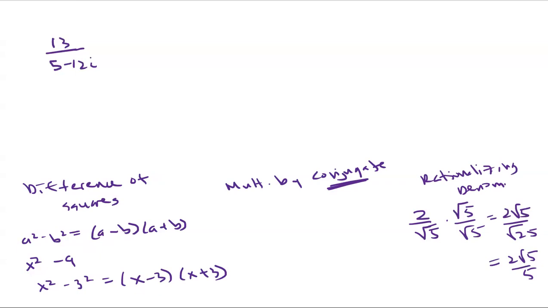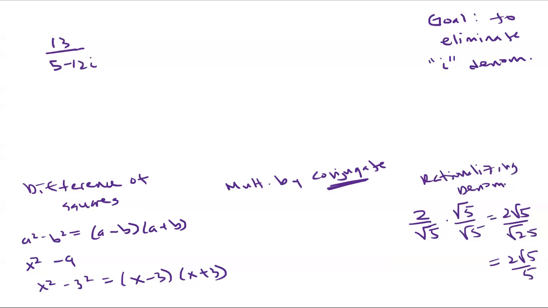The goal is to eliminate the i in the denominator. Okay? That's the goal. We want to eliminate the i in the denominator. So how do we do that? We multiply by the conjugate.